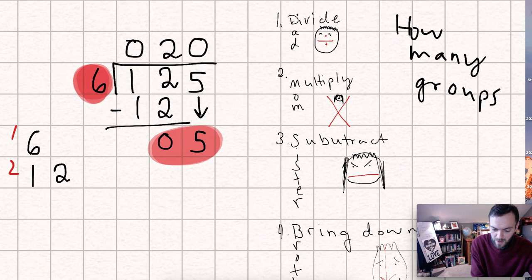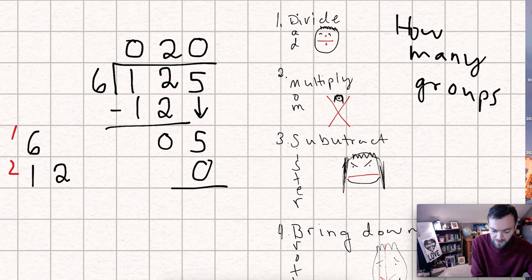Right away I move on to step 2, which is multiply. Multiply the number I just wrote down. 0 times 6 is 0. And I move right on to step 3, subtract. 5 minus 0 is 5.